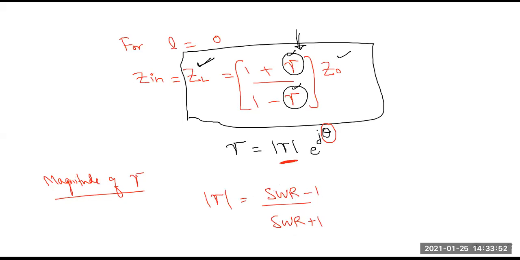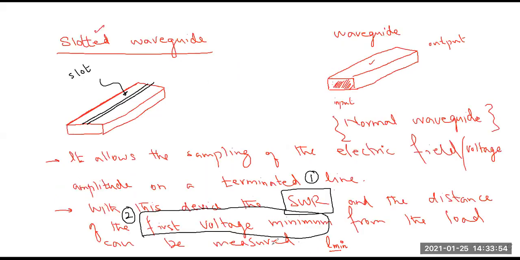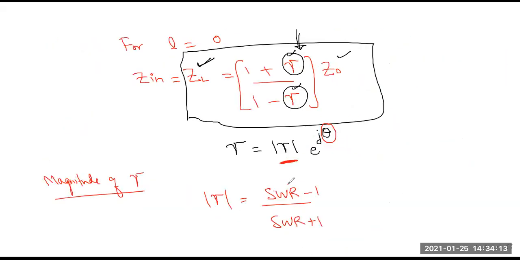Now, if you go back, I mentioned that with the help of a slotted waveguide, you can measure SWR. So with this device, the SWR can be measured. You will make use of the slotted waveguide and you will measure SWR. Once you measure SWR and substitute its value over here, you will be able to find out the magnitude.